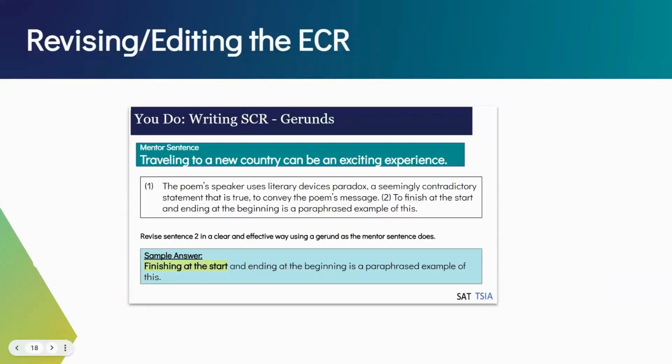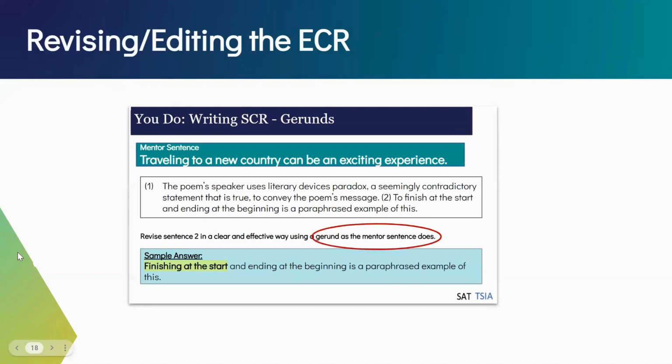There is also grammar practice and writing SER practice embedded in the revising and editing process of the ECR within the structured decks. In English 2, for this instructional week, the focus is gerunds. Activities during that week culminate with a writing SER prompt instructing students to revise a sentence in the passage using a gerund.